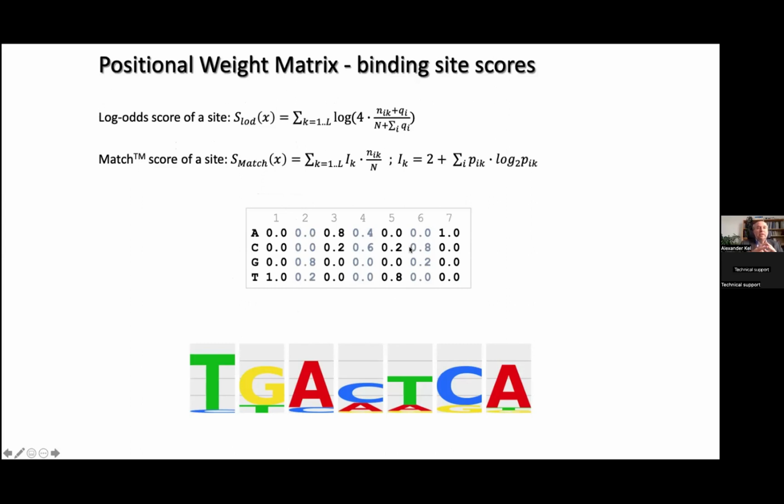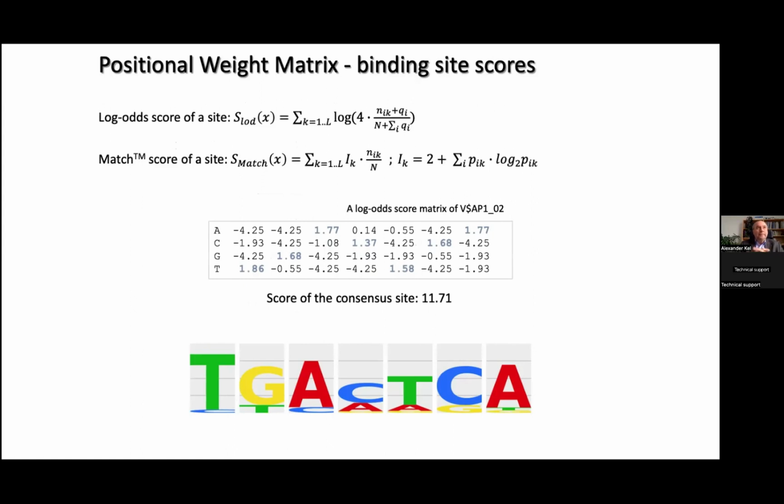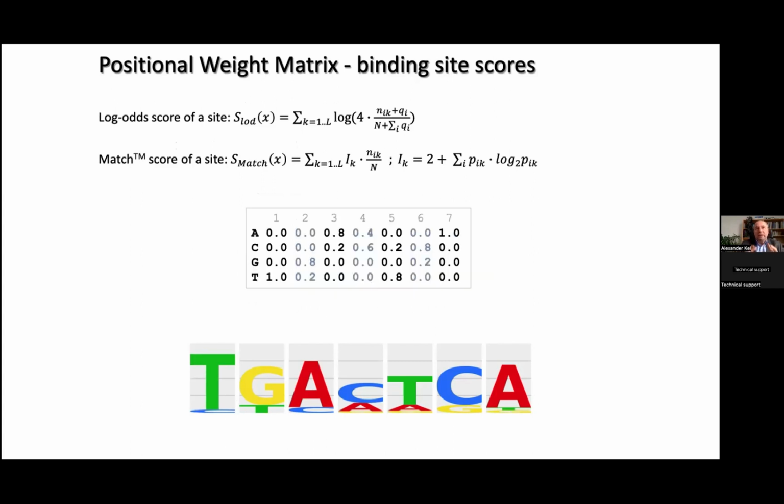But then a certain transformation is useful, the so-called log score. These probabilities are sometimes difficult to tackle algorithmically, because if you want to find a new sequence which fits that matrix, you go through the matrix and have to multiply these probabilities in order to get the probability of that sequence to appear.